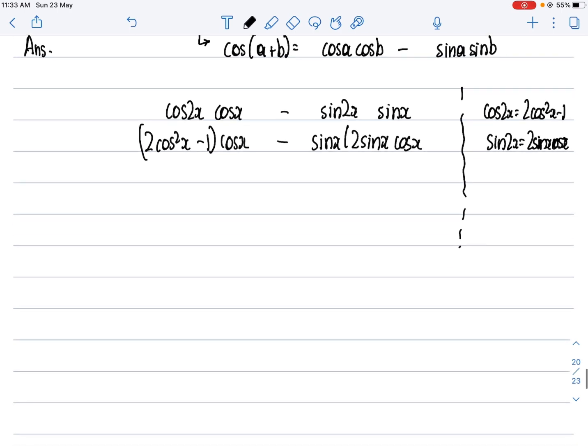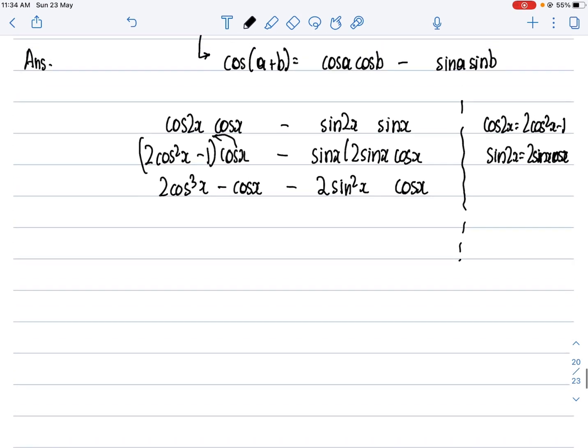So I can simply now write this as 2 cos cube x minus cos x minus 2 sin square x cos x.